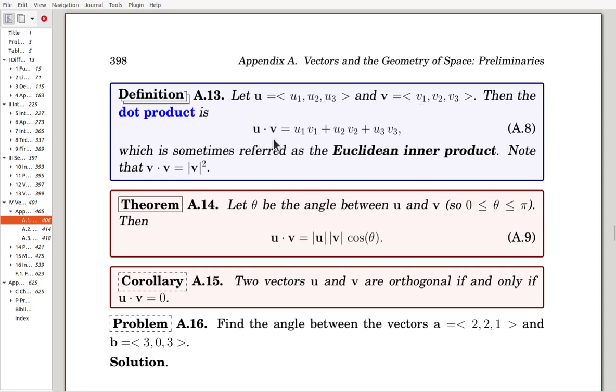That is the definition of the dot product. This dot product is sometimes called the inner product or Euclidean inner product. And once you make the dot product with itself, v dot v, that must be the norm of v squared, right?